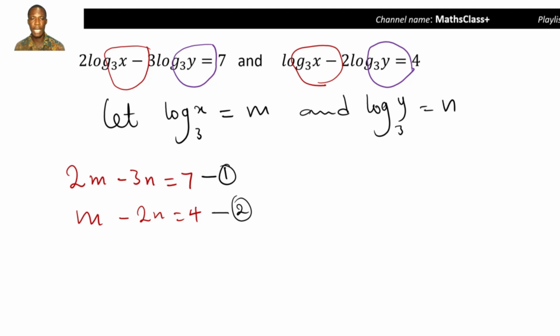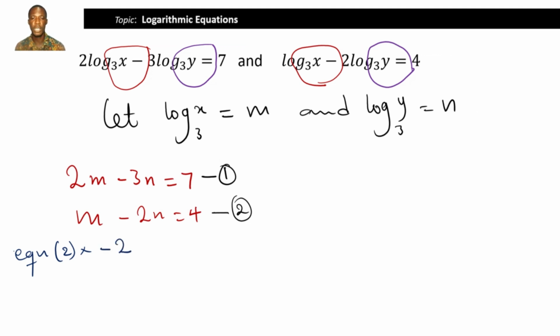So I will multiply equation 2 by, precisely, negative 2.